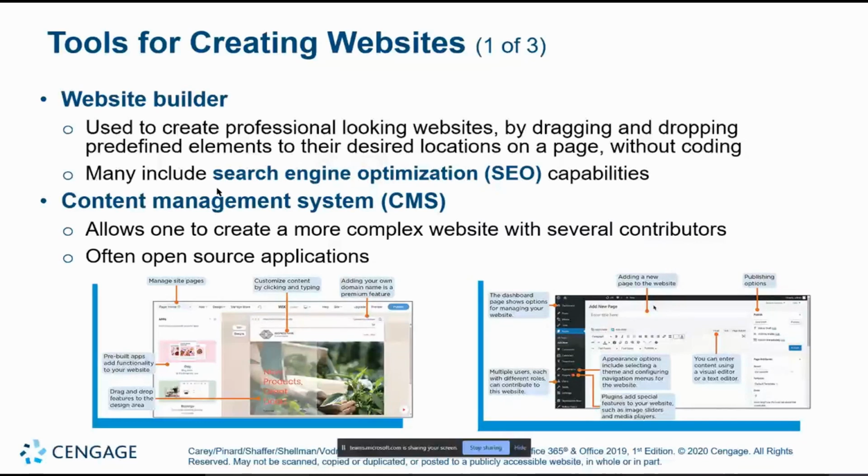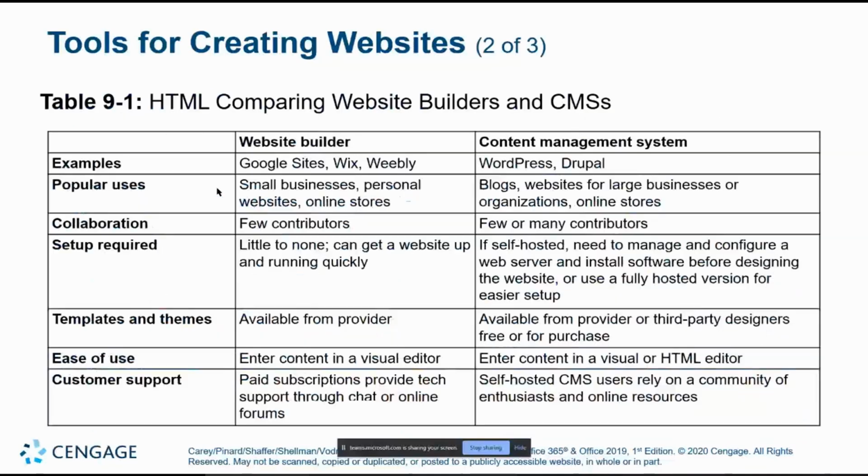A quick note before I move on to the next slide and we compare and contrast these: website builders often include search engine optimization features. And all this means is ways for you to understand how your site is showing up in search engines and how to improve that, giving you ways to propagate your website better through services such as Google.